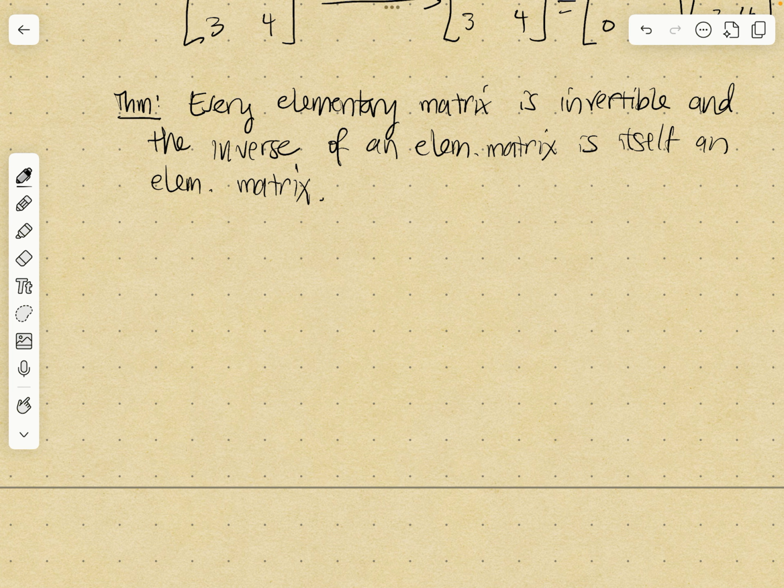And again, I'm just going to illustrate this theorem by giving some examples. This is not a formal proof, but you can get the idea of why the statement is true just by looking at some examples.